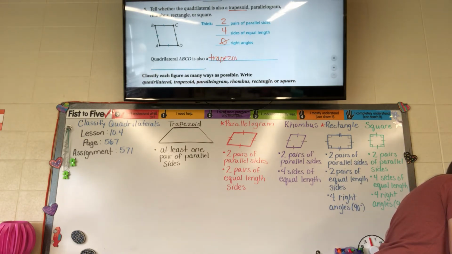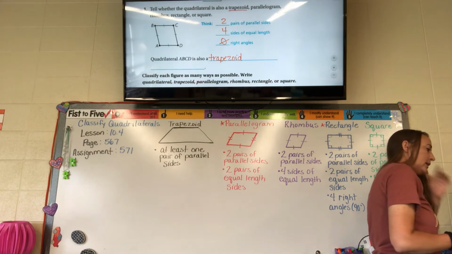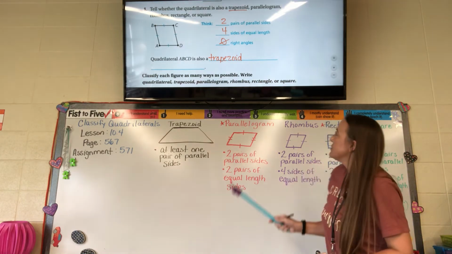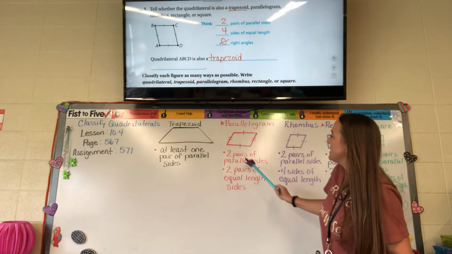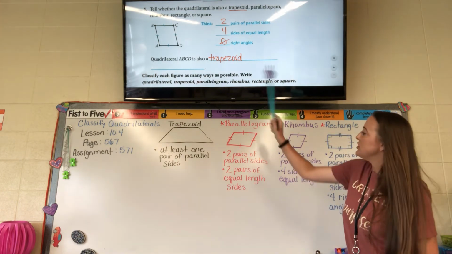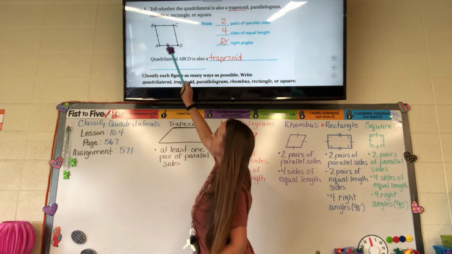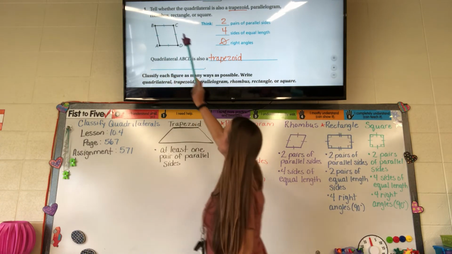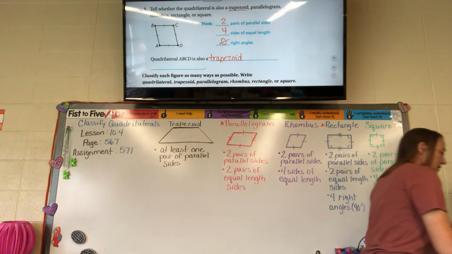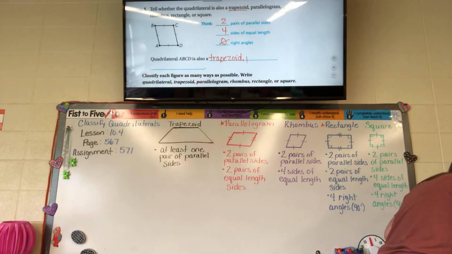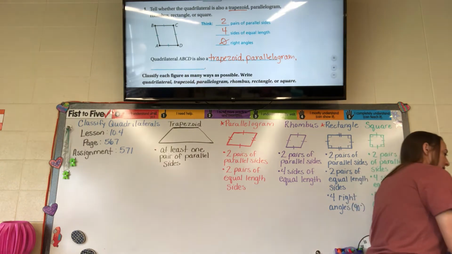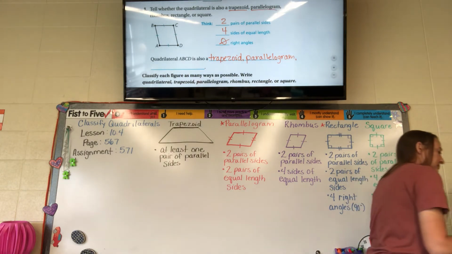And then it wants to know, is this also a parallelogram? Okay, so a parallelogram has to have two pairs of parallel sides, which it does, and two pairs of equal length sides. Well, the top and the bottom are the same length, and so are the sides. So this guy is also a parallelogram. Okay, and then rhombus.